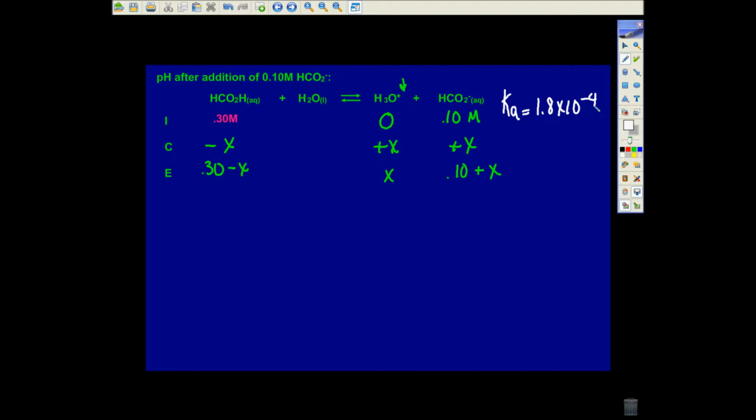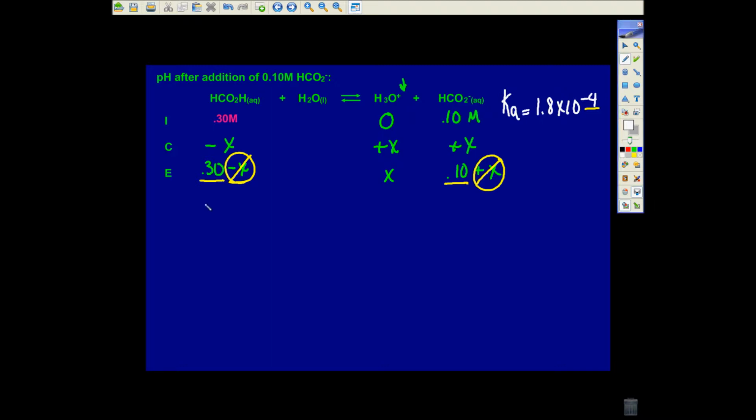And remember that this Ka is very small, and here you have a very large concentration compared to this Ka on both sides. So essentially that means that this plus X can be ignored and the minus X can be ignored. So when you start writing your expression for this Ka value, it's going to be a lot easier.